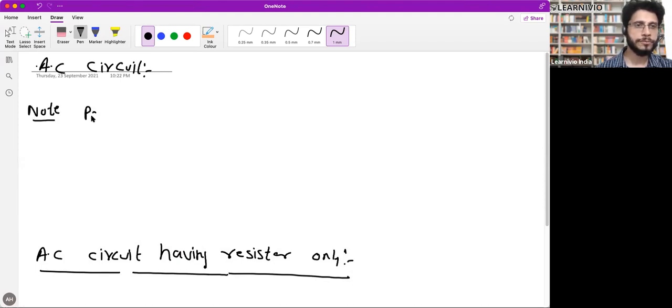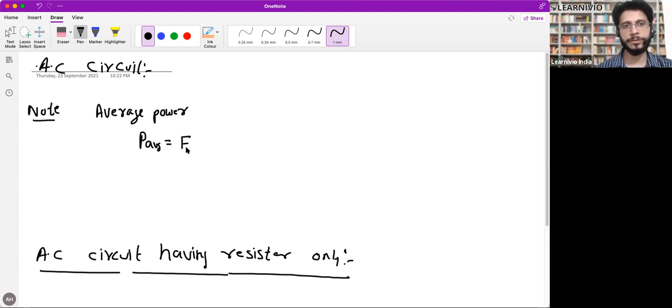Average power. In AC, we calculate average power in this way. It's ERMS multiplied by IRMS multiplied by cos phi.